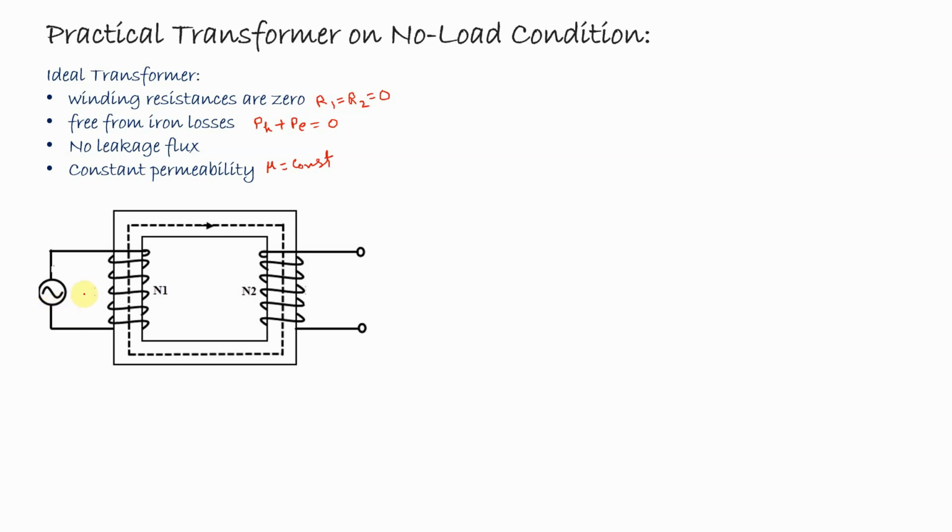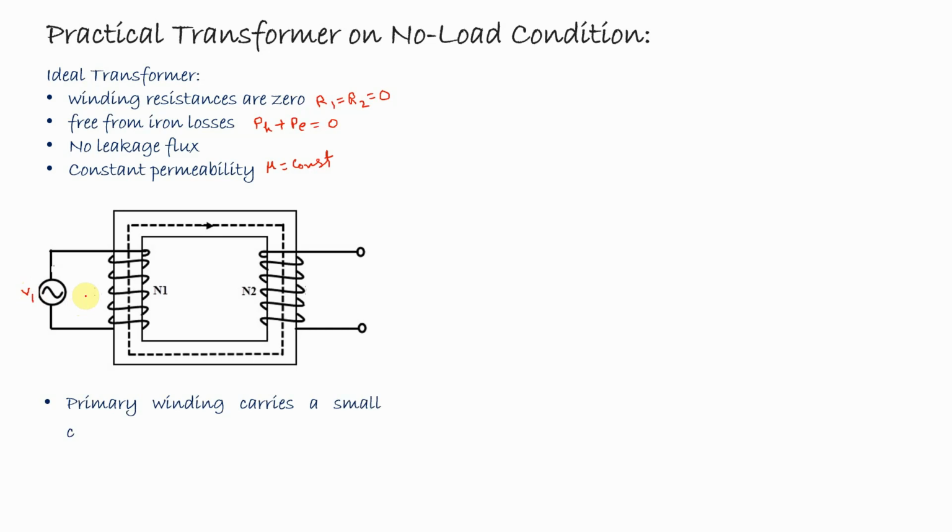So let's see the circuit diagram of the practical transformer where the secondary side is open. That means no load is connected across the secondary winding, and we supply the voltage V1 to the primary winding.